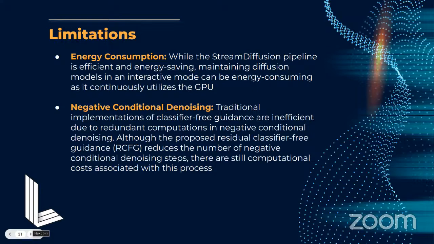Another limitation is negative conditional denoising, as we had previously seen in some graphs. Traditional implementations of classifier-free guidance are inefficient due to redundant computations in negative conditional denoising. Although the proposed RCFG reduces the number of negative conditional denoising steps, there are still some computational costs associated with these processes. So those are the limitations.